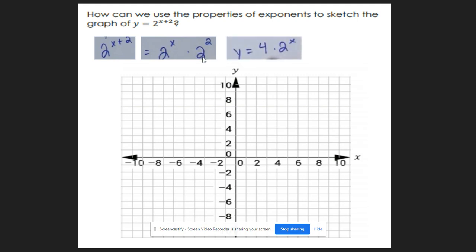I know 2 to the power of 2, or 2 squared, is 4. So there's my 4. And now I have 2 to the positive x exponent. So this tells me that my y-intercept is 4 and that my common ratio is a multiplier of 2.